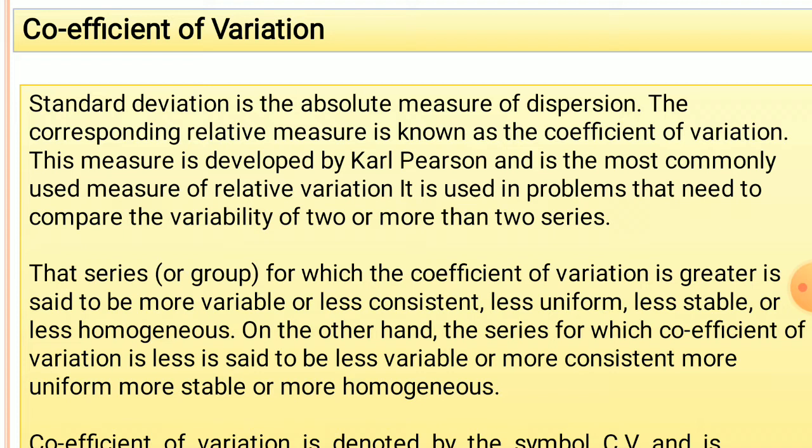On the other hand, the series for which the coefficient of variation is less is said to be less variable, more consistent, more uniform, more stable, or more homogeneous.